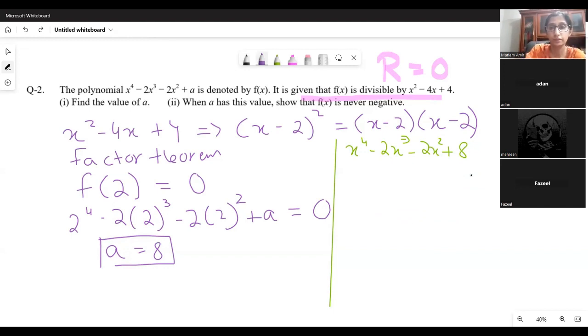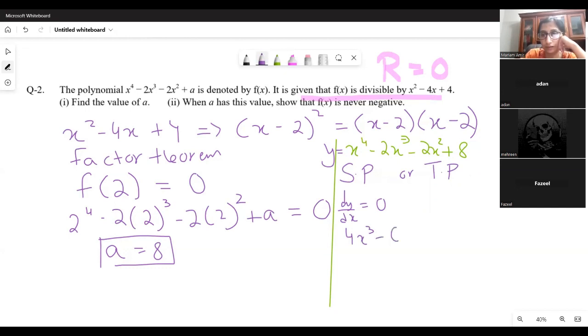So let's find the stationary point, also known as turning point. Stationary points are found by differentiating, dy over dx, and then equating to 0. Let's say this is equal to y. So how do we differentiate this? x power 4 क्या हो जाएगा? 4x cube.